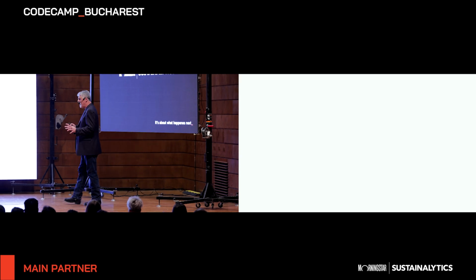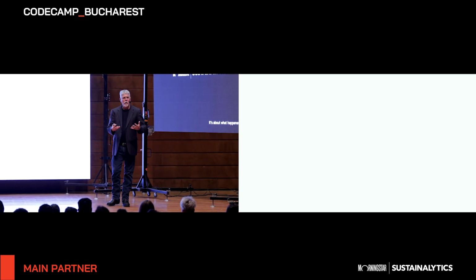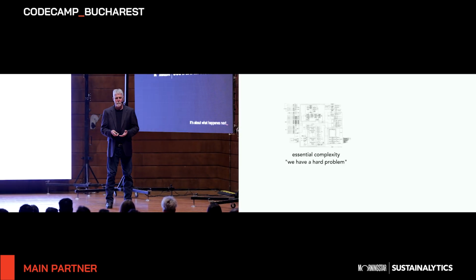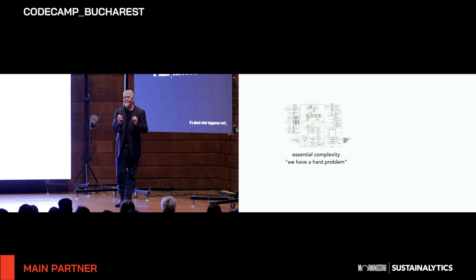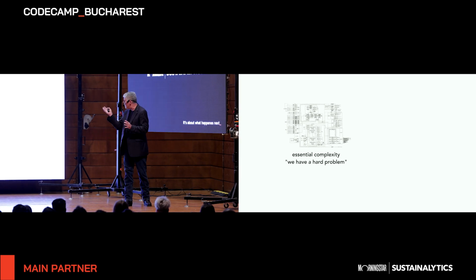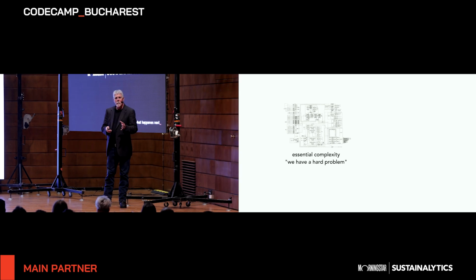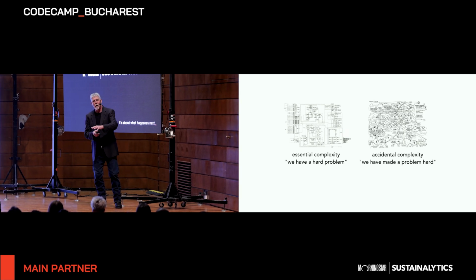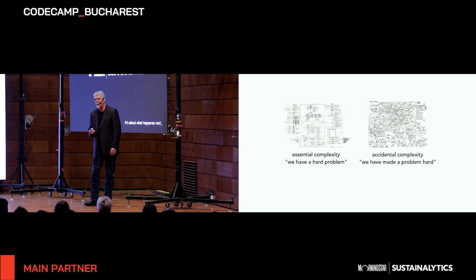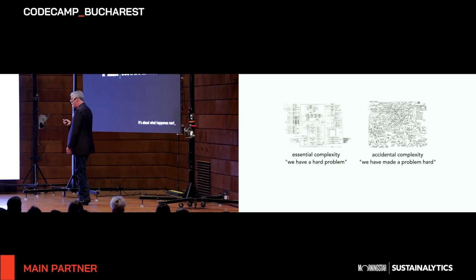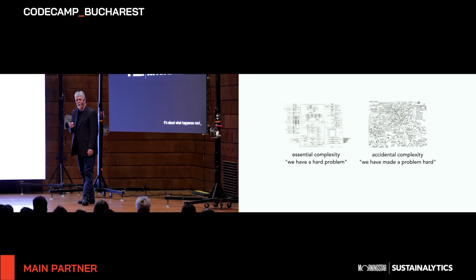So in this session, Neal and I are going to talk about two kinds of complexity. We're going to talk about essential complexity, which means we have a hard problem. But then we're going to talk about something called accidental complexity. And this is the fact that we have made a problem hard.